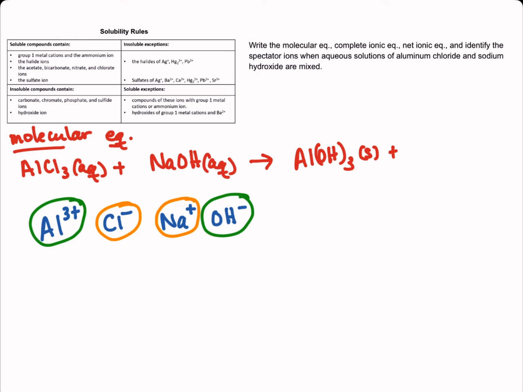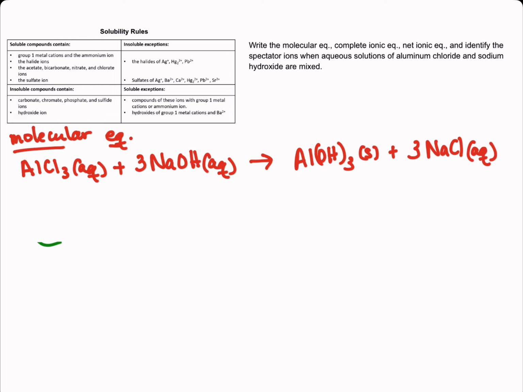We're going to take a look at our table. Halides are usually soluble. Sodium is not one of the exceptions, so it gets the aqueous symbol. This is not a complete molecular equation because this reaction is not balanced, so we're going to have to balance this. Okay, now we have a complete molecular equation.